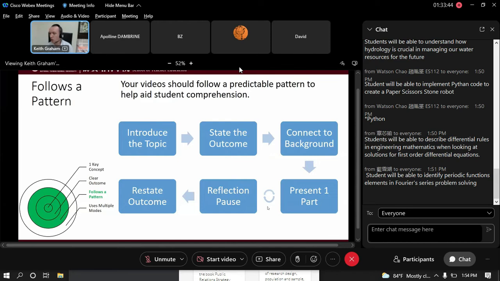Okay? Or today you will learn about why hydrology is crucial in managing our water resources. Today you will learn how to create a paper, scissors, stone robot.